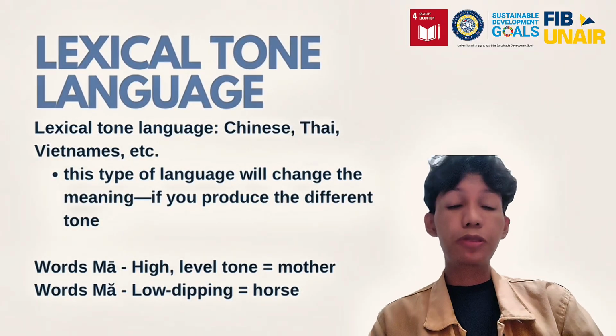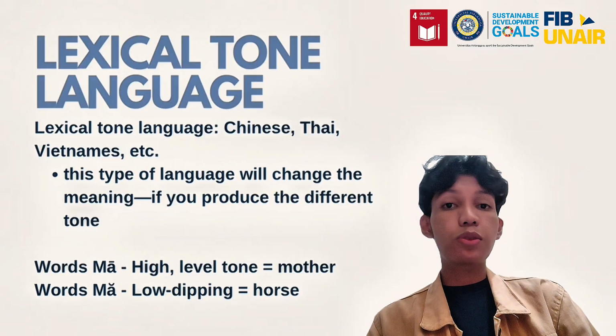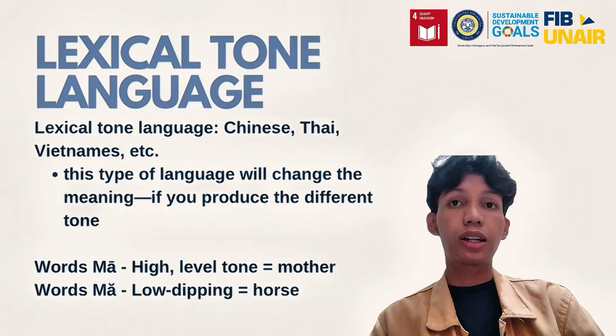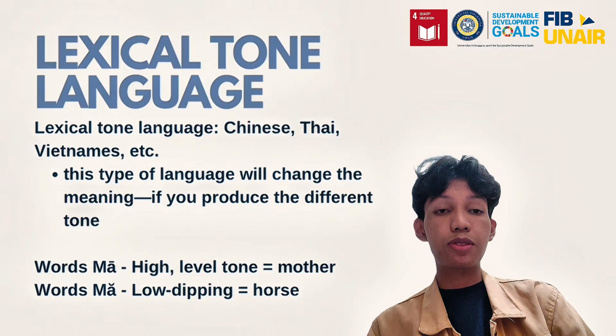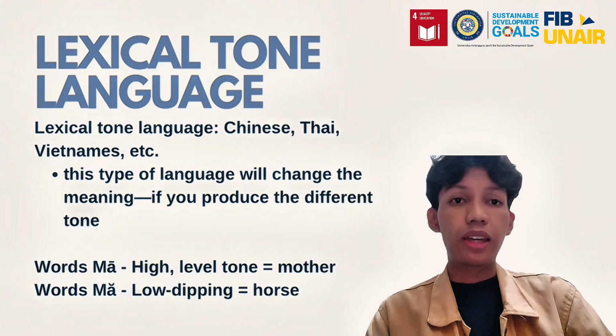Okay, before we go further into the material of intonation in linguistics, I would like to give a little explanation about lexical tone language and non-lexical tone language. So, what are they?